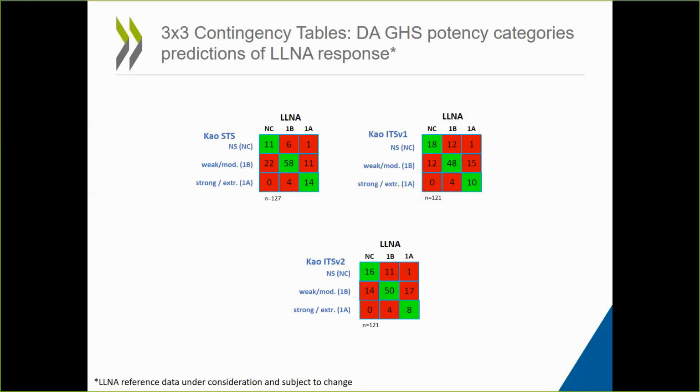In only 1 chemical example, do you ever have a chemical that is a non-sensitizer, or non-classified, that's identified as a strong or extreme sensitizer? And the same in reverse is true. In only 1 chemical case do you have a strong sensitizer that's predicted to be no classification, though this data doesn't actually show that.